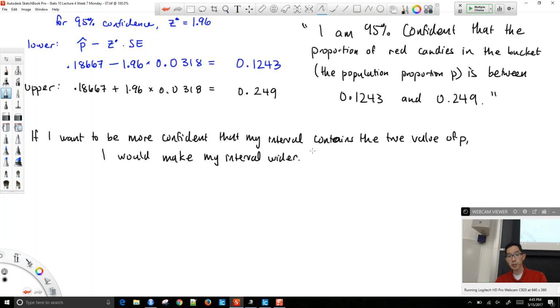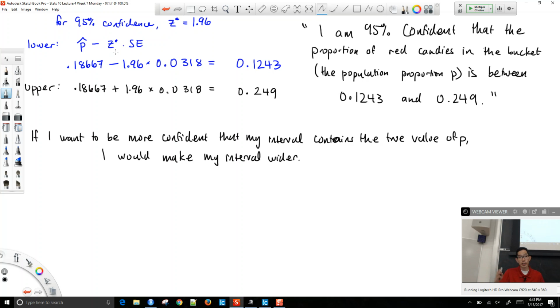And this is reflected in the fact that to increase my level of confidence, my values of z star get larger. And when I decrease my levels of confidence, my values of z star get smaller. Because p hat and the standard error would remain the same, but changing the values of z star reflects the level of confidence. So when I want higher levels of confidence, the interval gets wider.